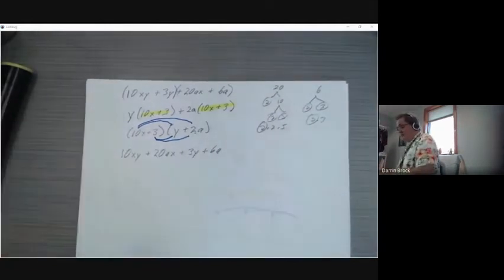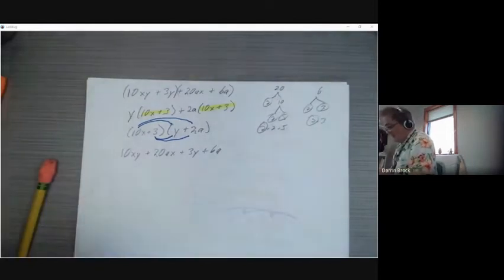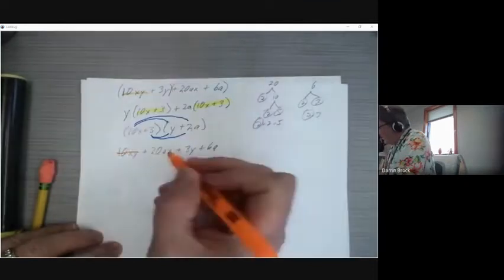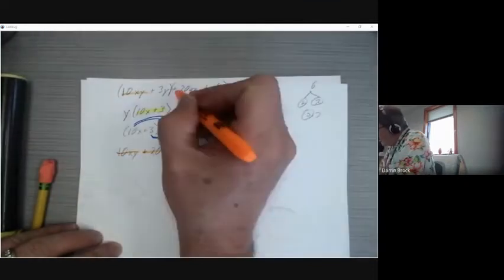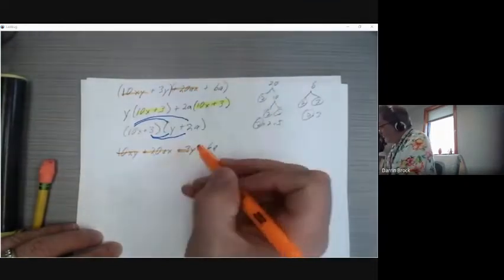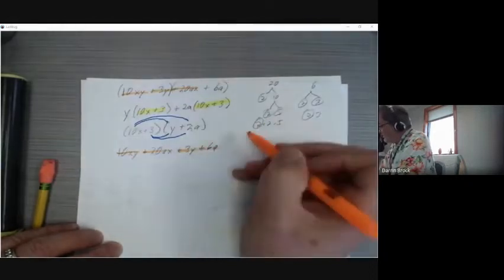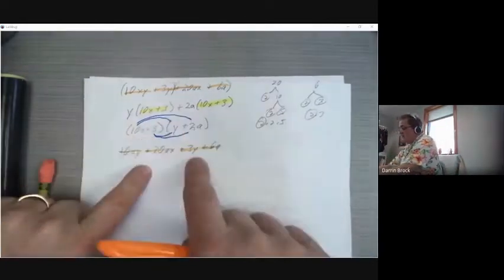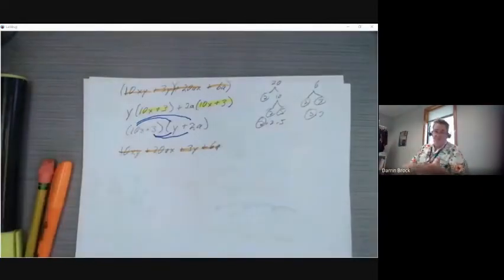Are they the same? Let's do orange highlighter. 10xy, plus 20ax. Yeah, we have a plus 20ax, plus 3y, plus 6a. We're adding all the same 4 terms together. They traded places, those two. But it doesn't matter if we add 2 plus 4 or 4 plus 2, we get 6 either way.